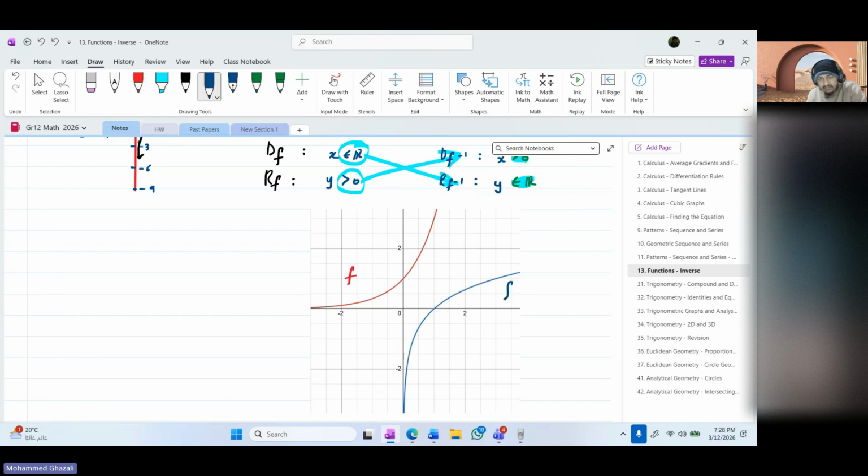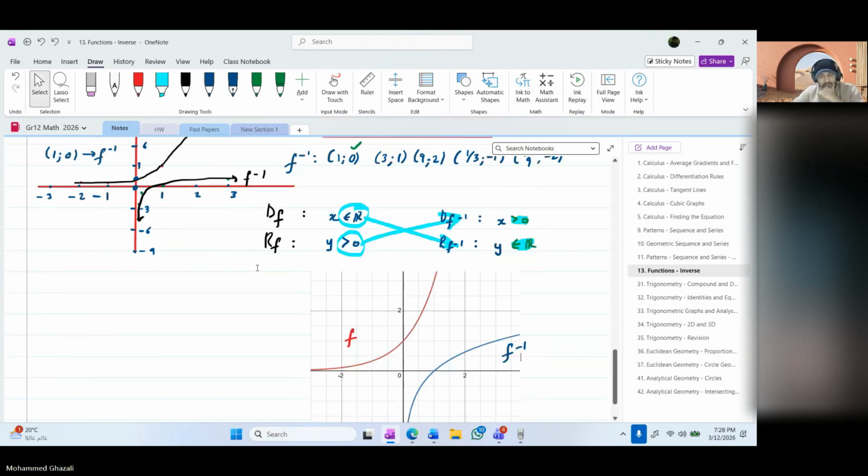The f graph was 3 to the power x, and this graph was log x base 3.